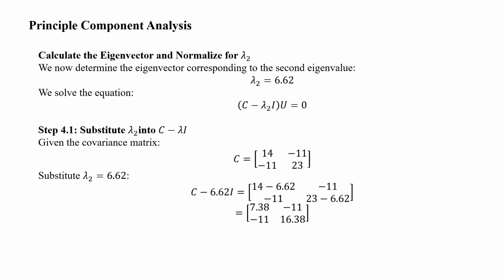So we get [14 minus 6.62, -11; -11, 23 minus 6.62]. This gives [7.38, -11; -11, 16.38]. This matrix will now be used to determine the eigenvector corresponding to lambda 2.